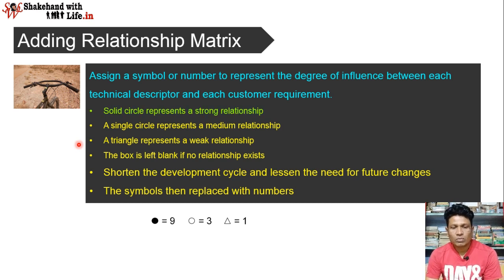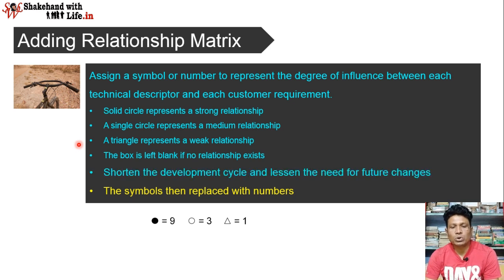For that, we use a solid circle that represents a strong relationship. We use a single circle that represents a medium relationship. We use a triangle that represents a weak relationship between the customer requirement and technical descriptor. And if the box is left blank, in that case, there is no relationship between the customer requirement and technical descriptor.